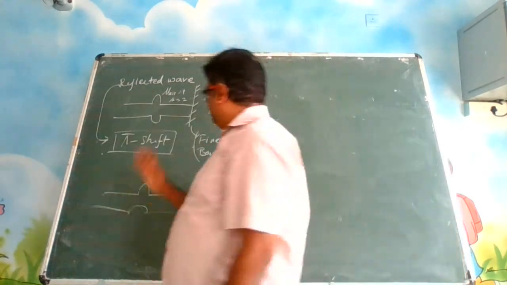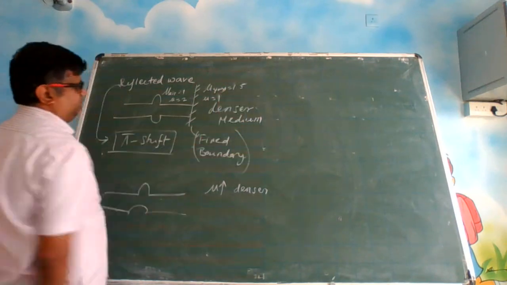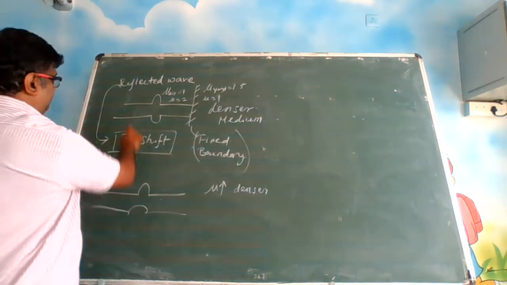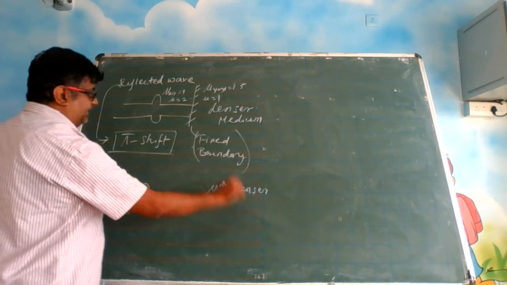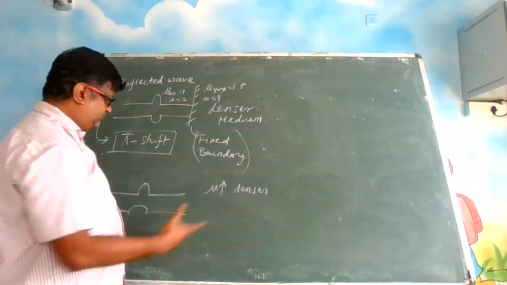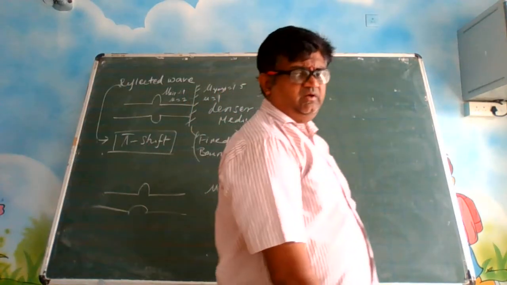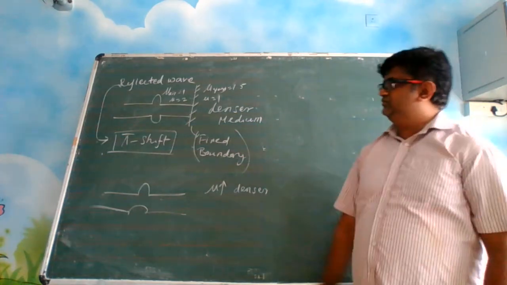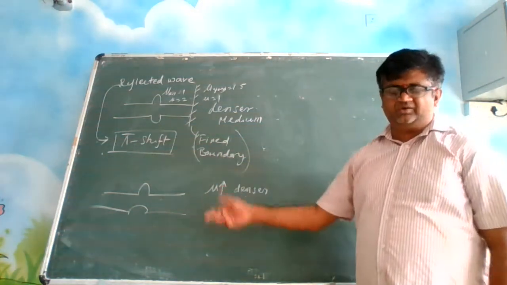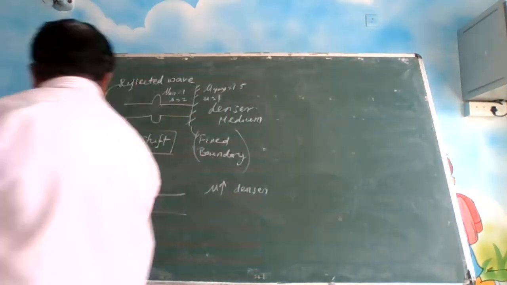Okay? So, suppose on the right side there is a denser medium, and if you see a reflected wave, it will undergo pi shift. If there was a rarer medium, it will go back as normal. There won't be any pi shift. Okay? So this is one important concept which we are going to use in the concept we will discuss now. Just make a note of it.